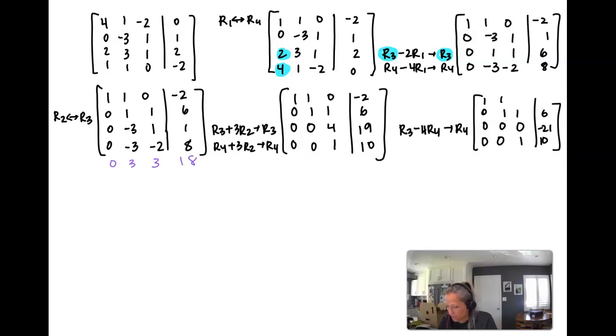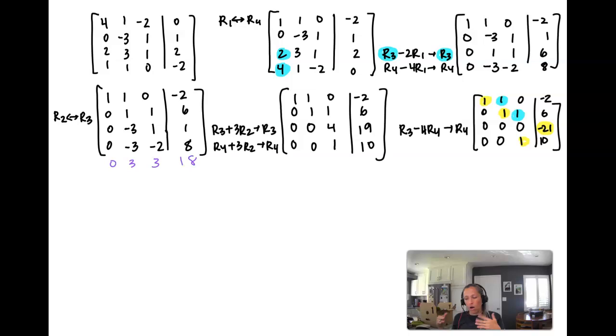And you'll notice I am not done. This is not in our REF form. I still have a number other than 0 in those rows with my pivots, right? My pivots of 1. We've got pivot 1, pivot 1, pivot 1, and we have non-zero things. And technically, I'd also need to clear up that 21.